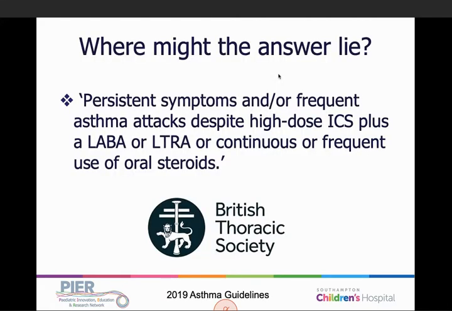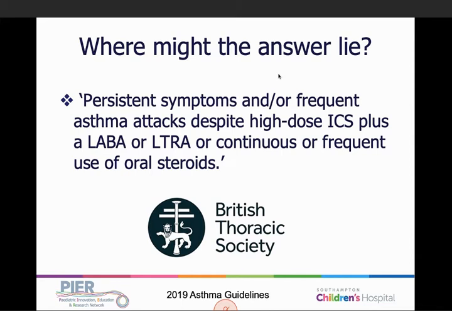Well, despite the lack of any unified definition, the British Thoracic Society, in their guidelines, made up one of their own. They clearly needed to have some sort of basis about which they could talk about difficult asthma. And they described it as being persistent symptoms and/or frequent asthma attacks, despite taking high-dose inhaled corticosteroids, plus a long-acting beta agonist or a leukotriene receptor antagonist, or continuous or frequent use of oral steroids.